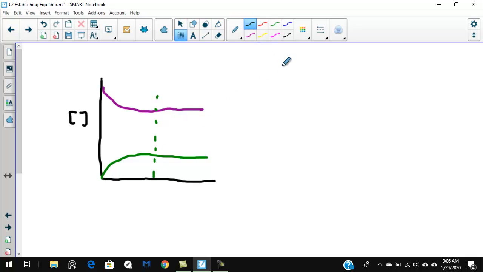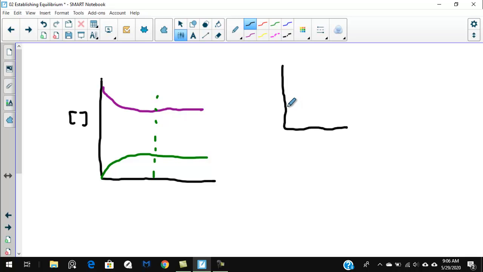Well, if you take a look at your reaction rate graph, you need to have a reaction in which, to make them equal, there would be lots of reactants and very few products. So that means that if there's lots of reactants left, that rate must be slow.